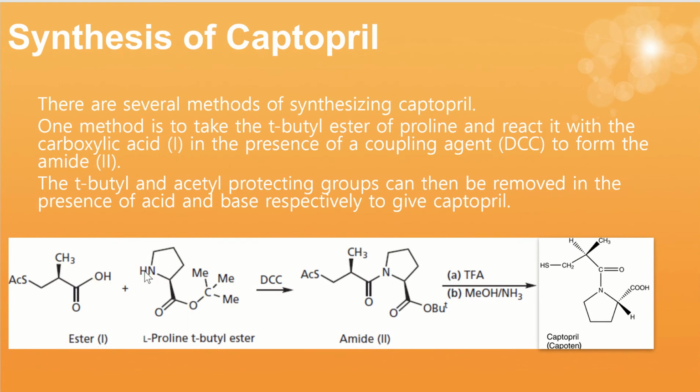There's no longer a hydrogen, there's no longer a hydroxyl. There's just a new bond between the carbonyl carbon and the nitrogen. Once this is formed, the T-butyl and acetyl protecting groups can then be removed in the presence of acid and base respectively to give Captopril.